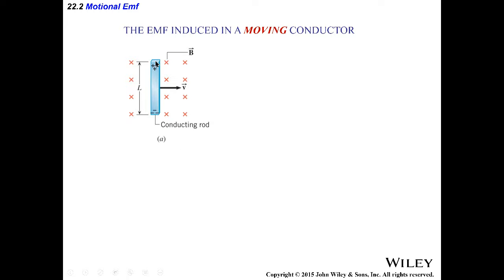If there's a wire connecting this end to that end, then there can be a current flowing in the loop. But no, for the moment, I just have a conducting rod. But now this conducting rod is moving in the direction V in the presence of an external magnetic field. And this external magnetic field is into the board.